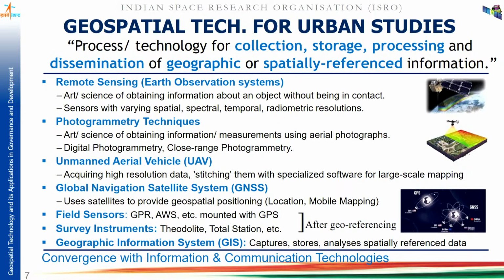And the traditional total station, of course, satellite can now also be used, but normally we are using the total stations. So we are using data from a number of sources for various geospatial technology for urban studies.